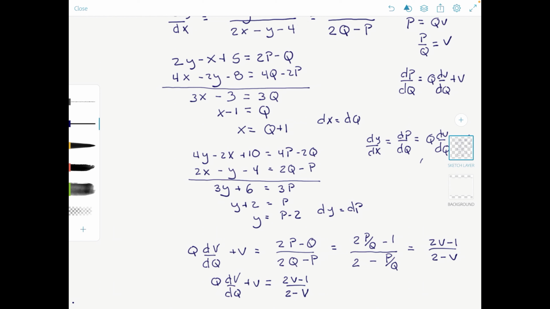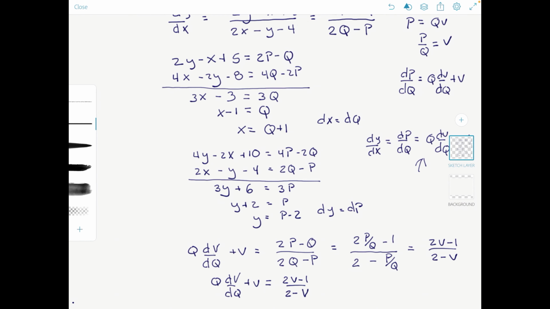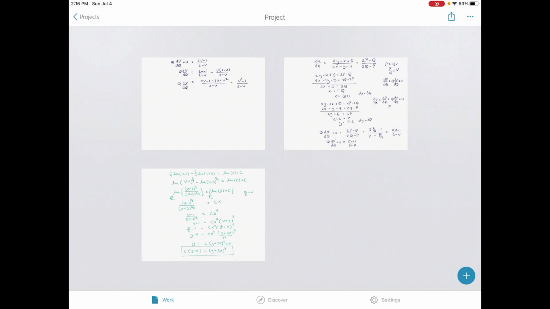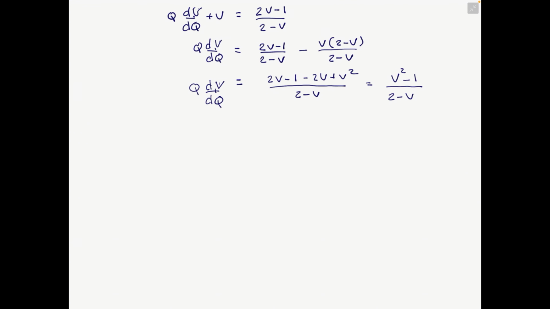But I did have that right over here. So that's our differential equation. So you got to be very careful all the way through.